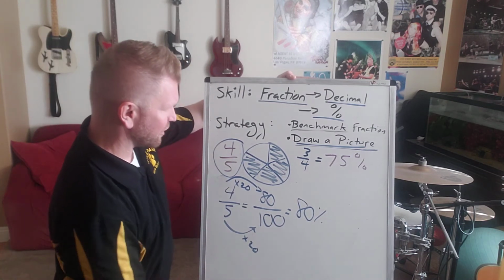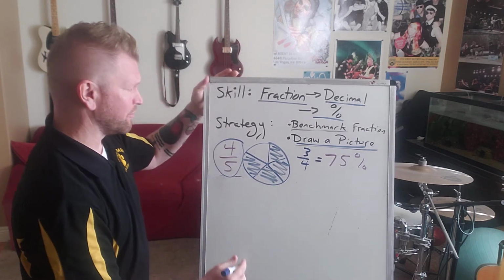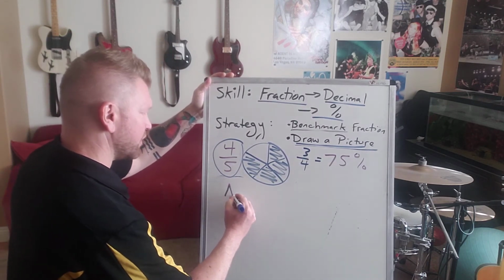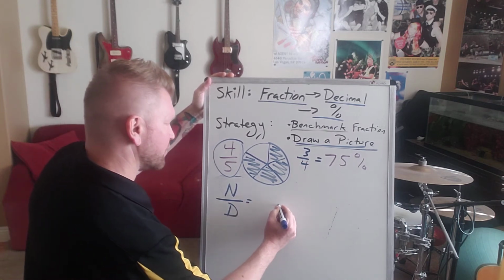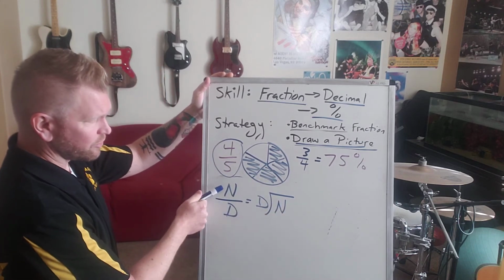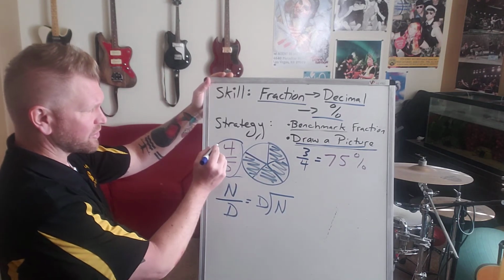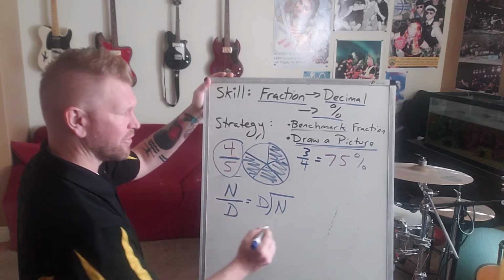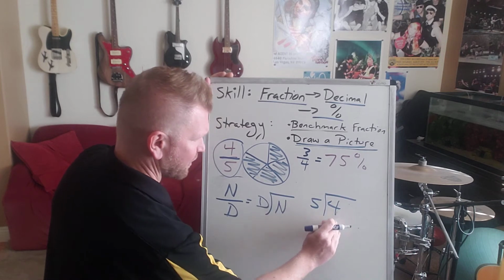Something else I'd like you to know is that every fraction is actually a division problem. Every fraction has a numerator over a denominator, and it equals the numerator divided by the denominator, like this. Notice the numerator goes on the inside. So in this specific question, this is actually 4 divided by 5. 4 on the inside, divided by 5.